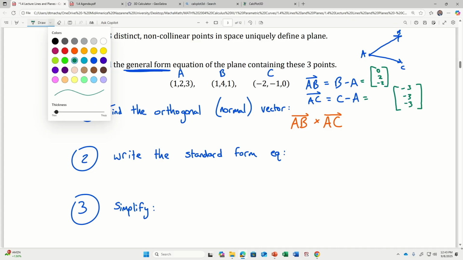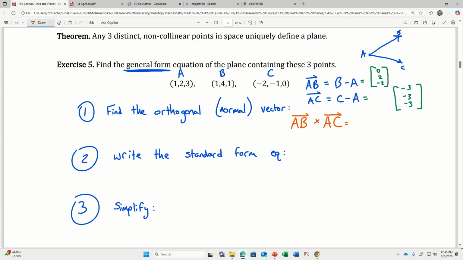Now, the cross product has a really big, annoying formula that you have to memorize. We're going to use it 1,000 times this semester. So we write u2v3 minus u3v2, u3v1 minus u1v3, u1v2 minus u2v1.